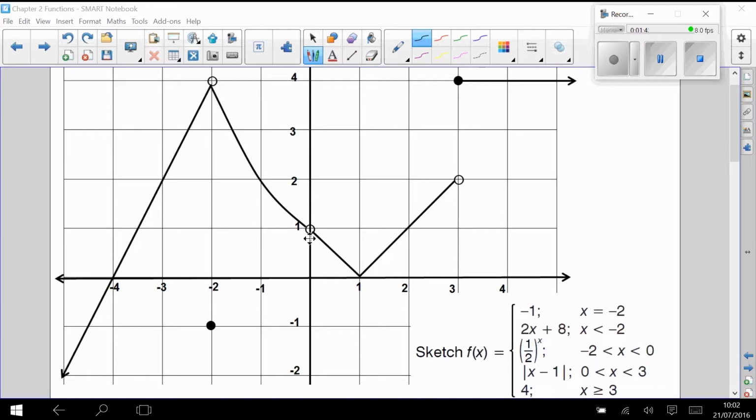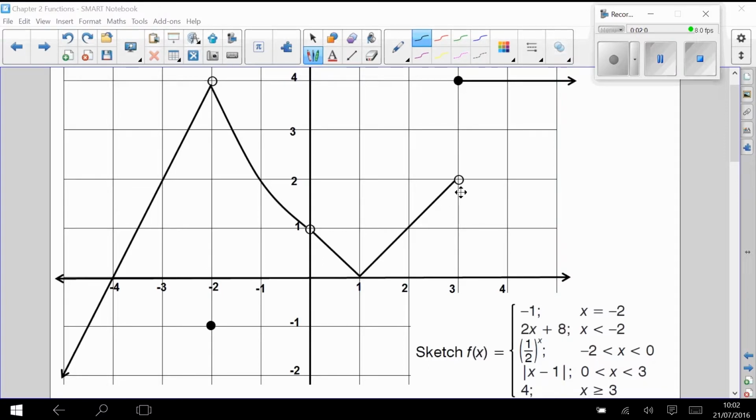Then from when x is 0, still not including 0, all the way up until when x was 3, and also excluding when x is 3, I've drawn an absolute value. This absolute value just had a horizontal shift, 1 unit to the right.